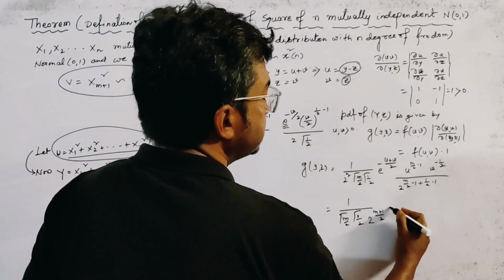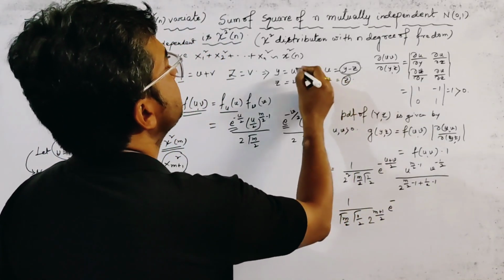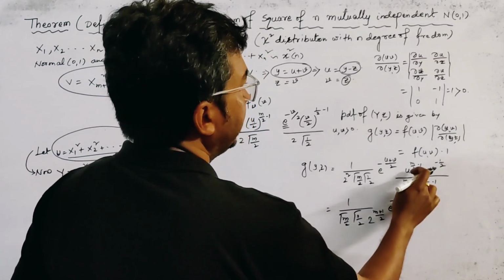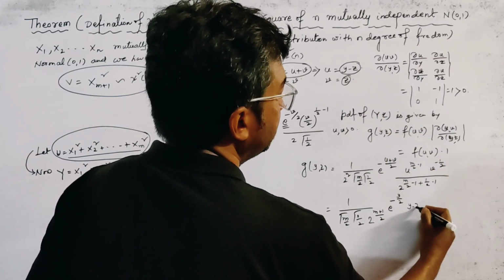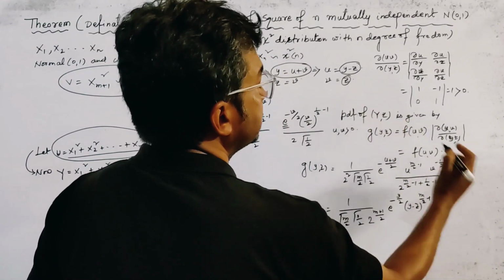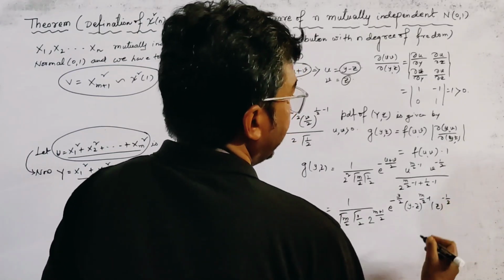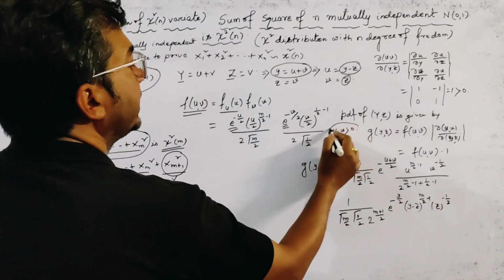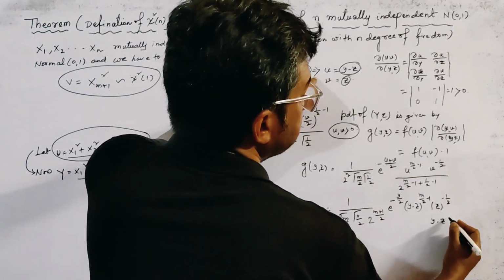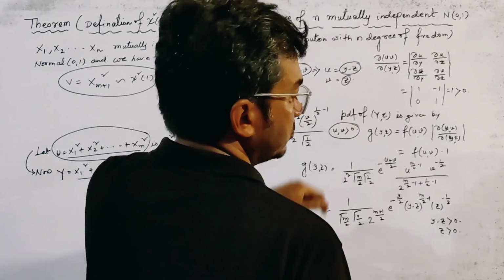Okay, and this is e to the power minus (u plus v) by 2, u plus v means obviously y. So this is y by 2, and u means (y minus z) to the power m by 2 minus 1, and v means z to the power minus half. And here the ranges are given by u greater than 0, v greater than 0. So we write y minus z greater than 0 and z greater than 0.